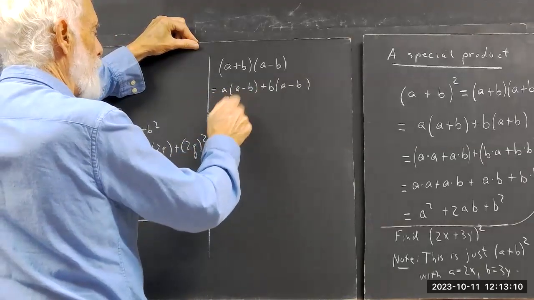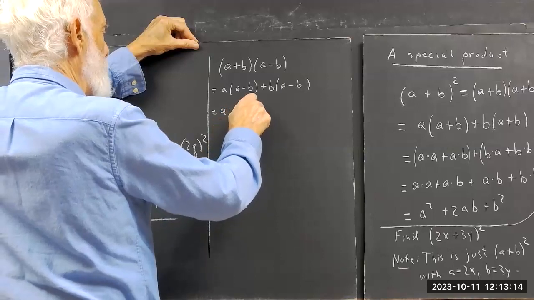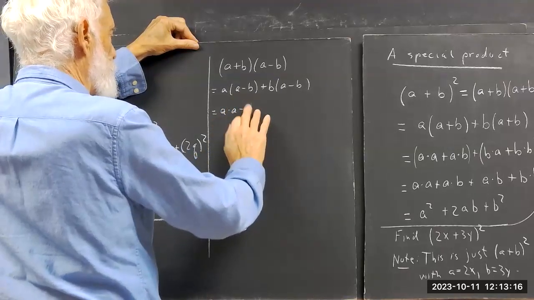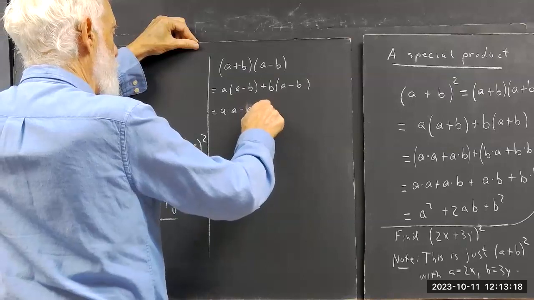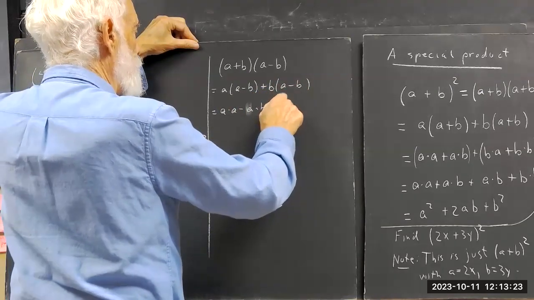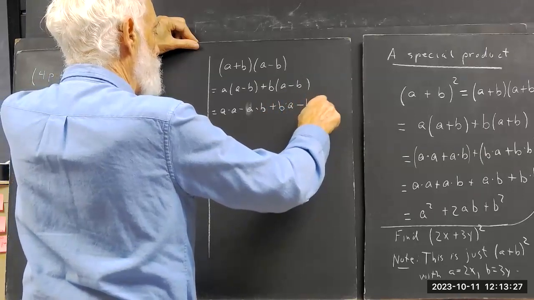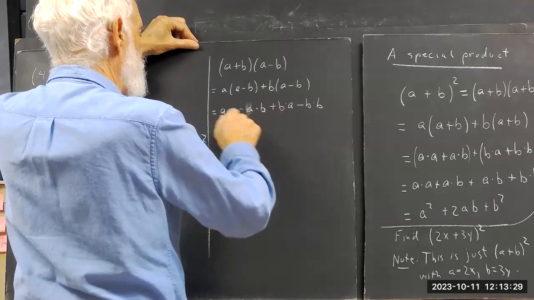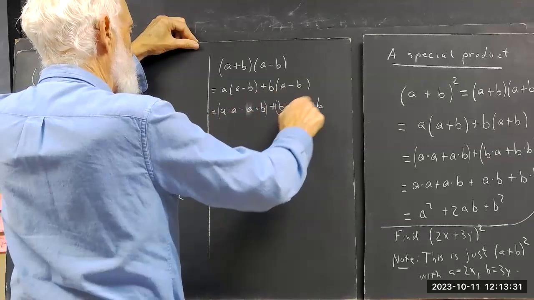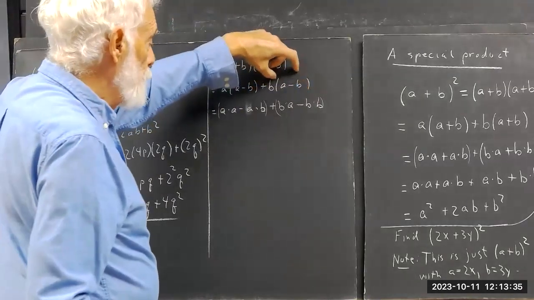A times A minus B is A times A minus A times B. And then B times A minus B is B times A minus B times B. So I'm just going to put parentheses around these just to indicate that these two come from here, these two come from here.